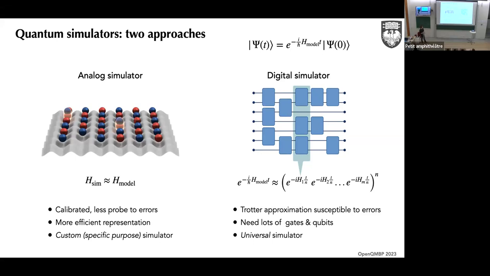The nice thing is that you are less prone to errors than in the digital approach. So you can perform more efficient quantum simulation without having to worry too much about not having a universal quantum computer. And the research that I'm interested in is implementing these models and making analog simulators with superconducting circuits.